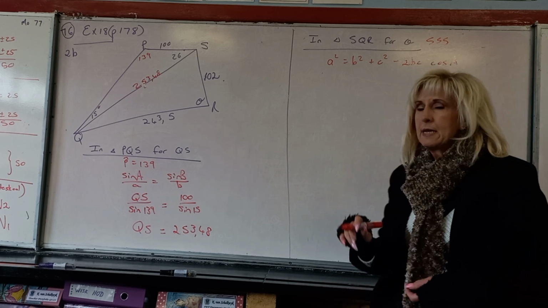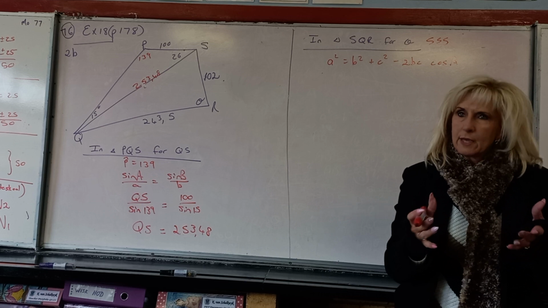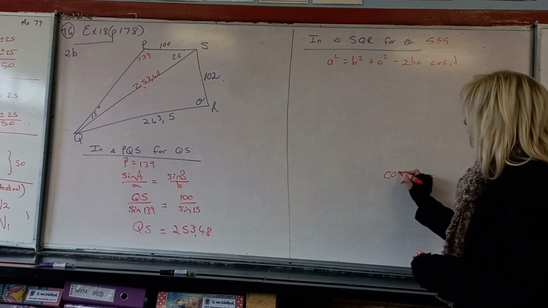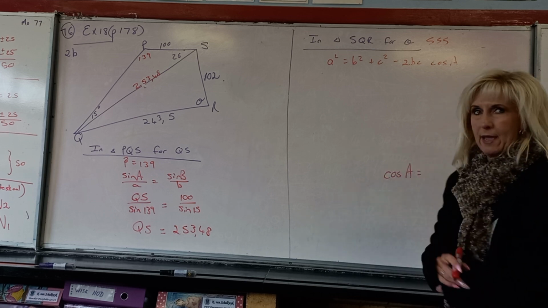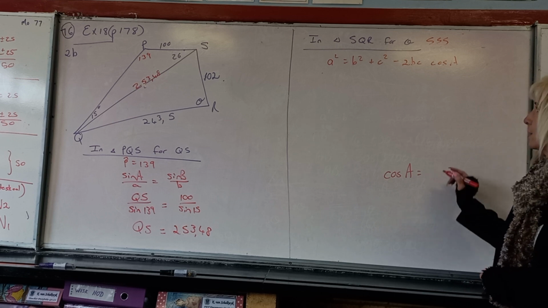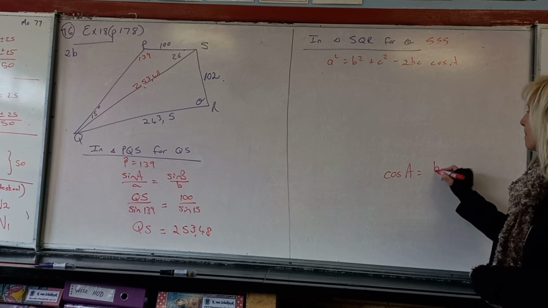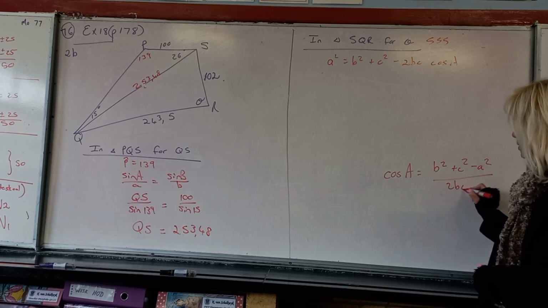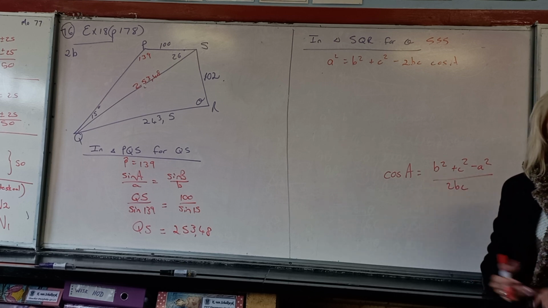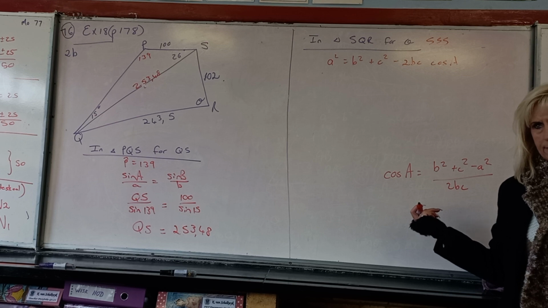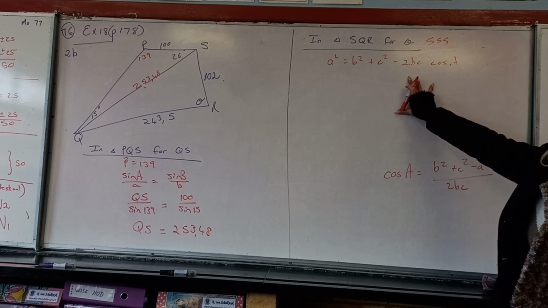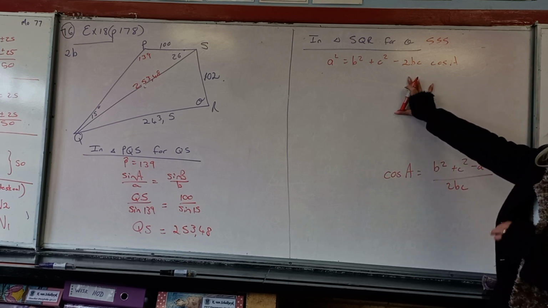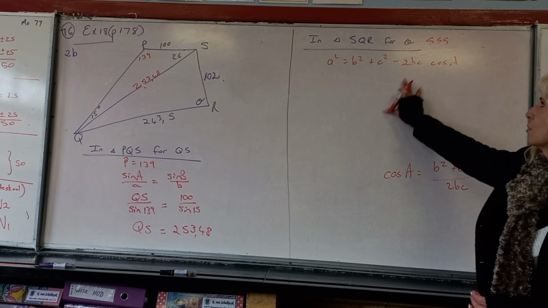Now guys, some teachers like to teach their kids to write it in the form, sin or cos or whatever of A, and then they teach them how to do that. So just to show you that there is such a formula. But why would I want to teach you that? You can just go for this one and immediately punch it in, and then you can rearrange to get your cos alone.